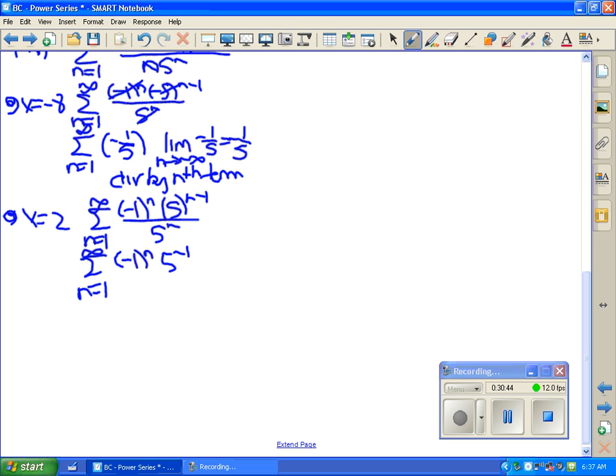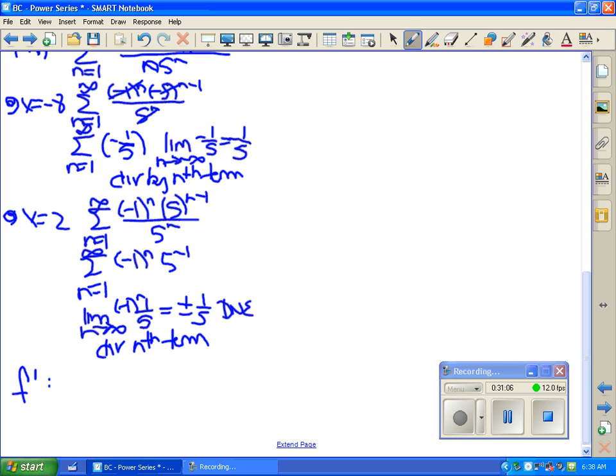If I use AST, the limit as n approaches infinity of 1/5, I don't get 0, so then I go to the nth term, make that negative 1 to the n. I get plus or minus 1/5, so this one technically does not exist, and therefore this side also diverges by nth term. So for f prime, my interval of convergence does not include either endpoint.